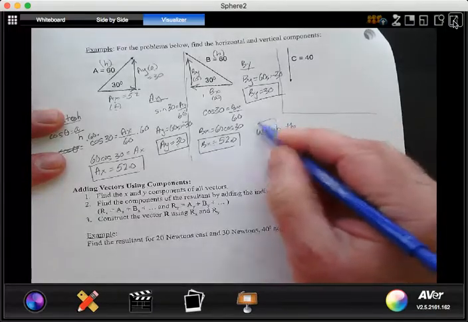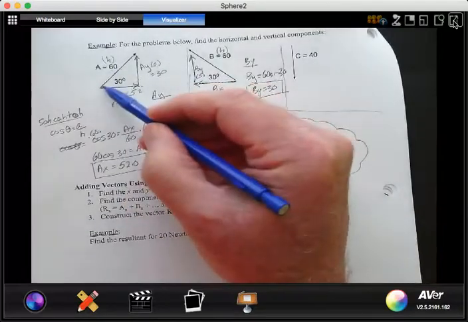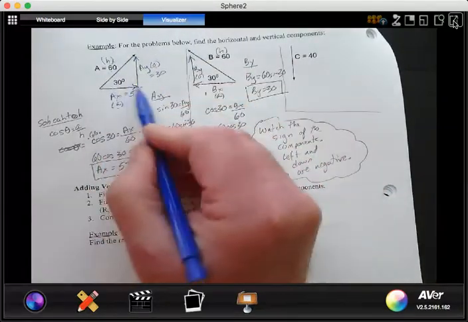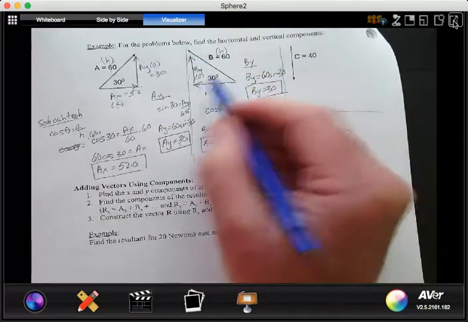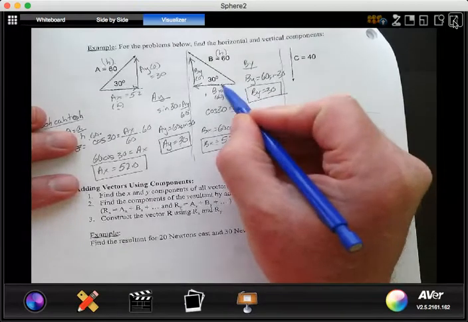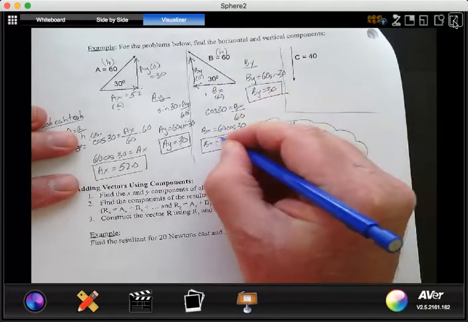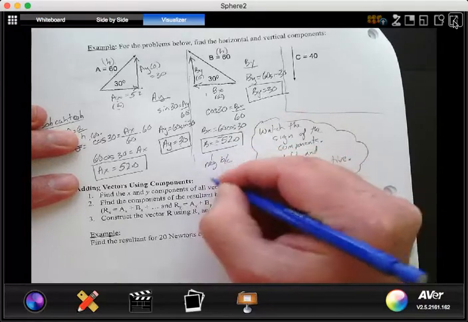So on the other side, I made a point of saying this is up and right, so this has to be right, this has to be up. This is up and left, this has to be left, this has to be up. Okay, and since this one's left, this one is going to be negative 52. Negative because it points left.